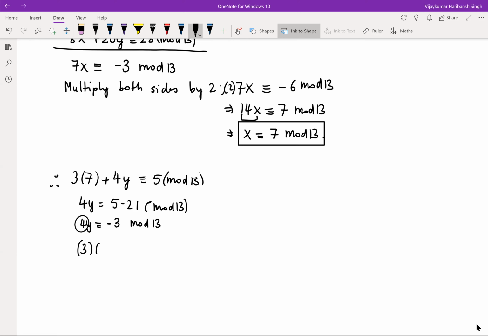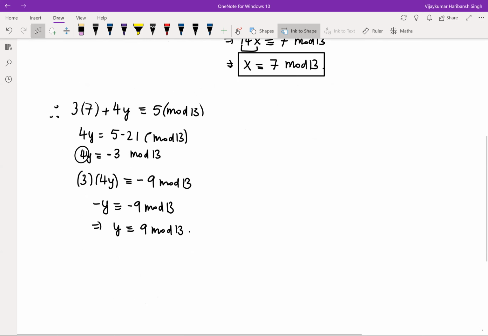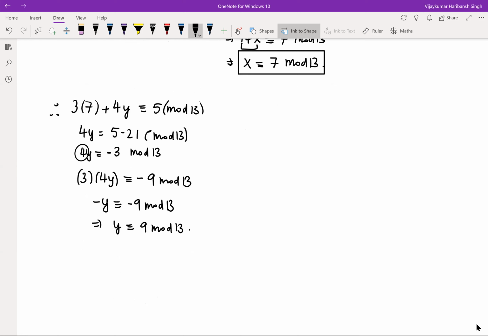So 3 times 4y is congruent to minus 9 mod 13. What was the reason for doing that? Because 3 times 4 is 12, and 12 is minus 1. So minus y is congruent to minus 9 mod 13, and this implies y is congruent to 9 mod 13. So therefore, the solution is x equals 7 and y equals 9 mod 13. These are the solutions.